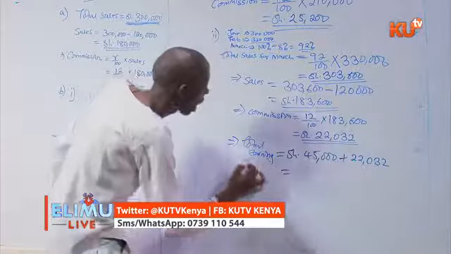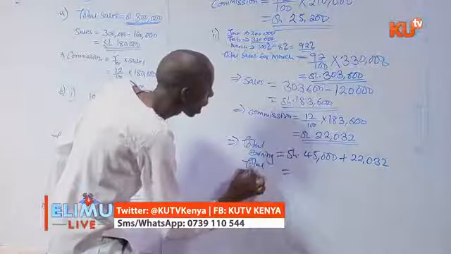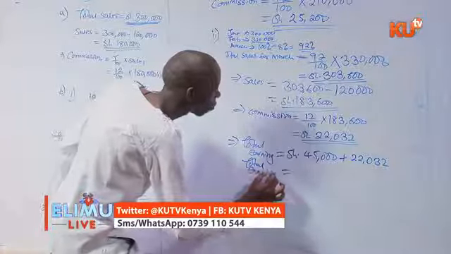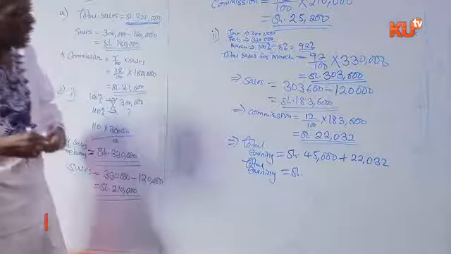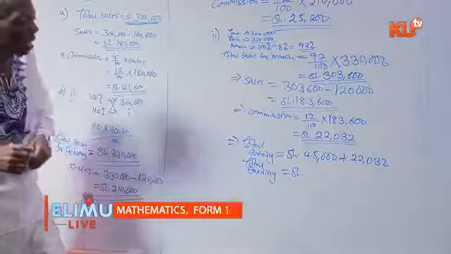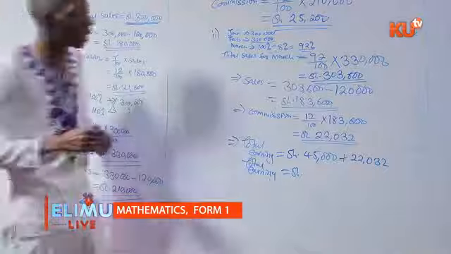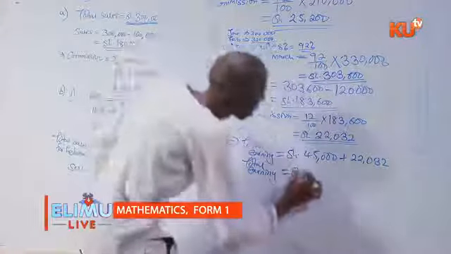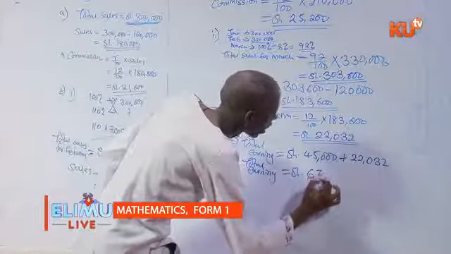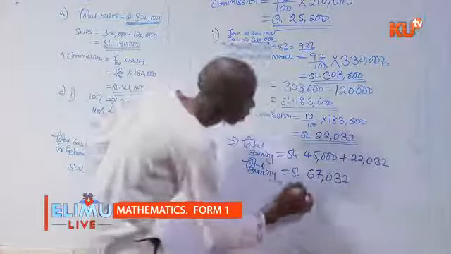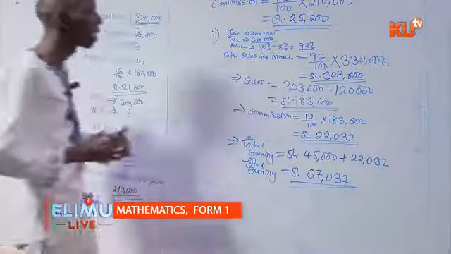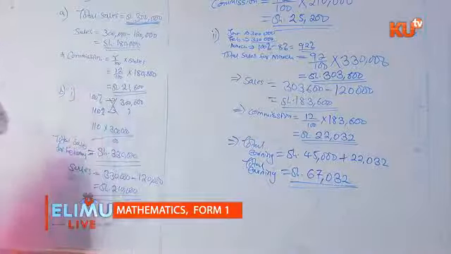So Nyambura's total earnings in March will be 45,000 plus 22,032, which gives us 67,032.